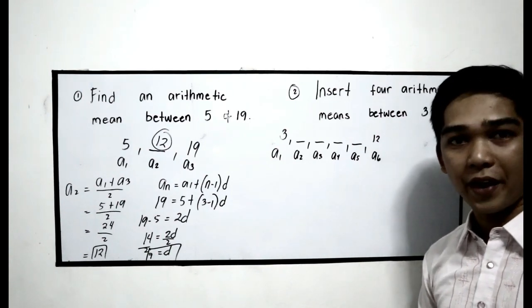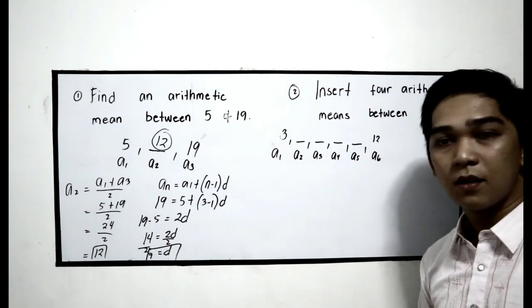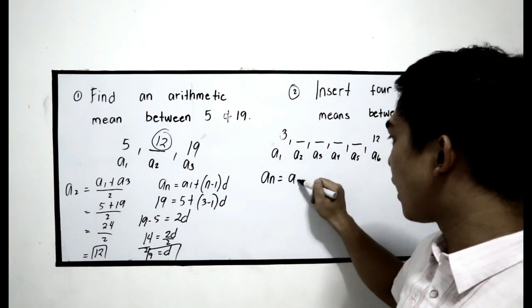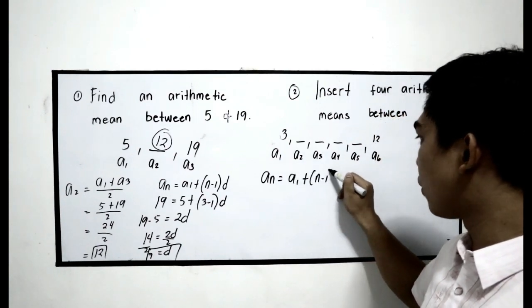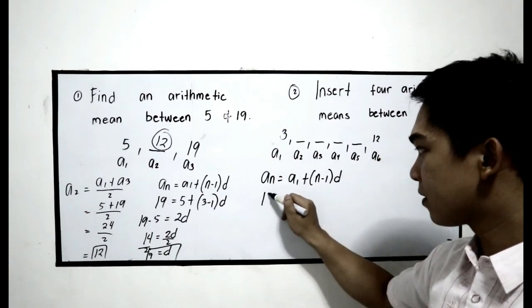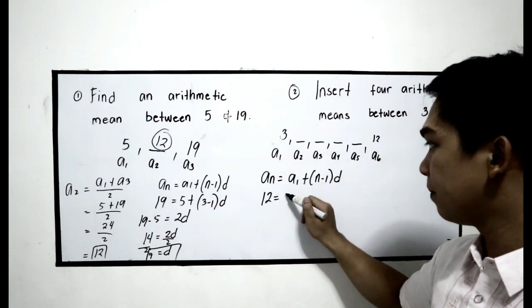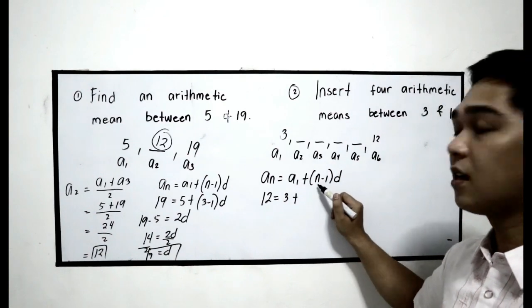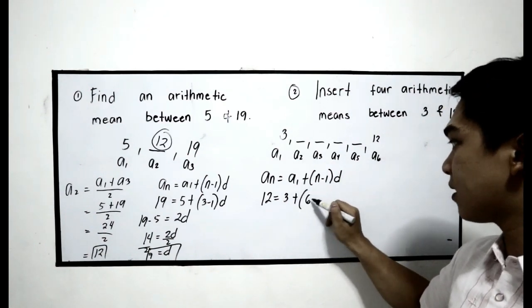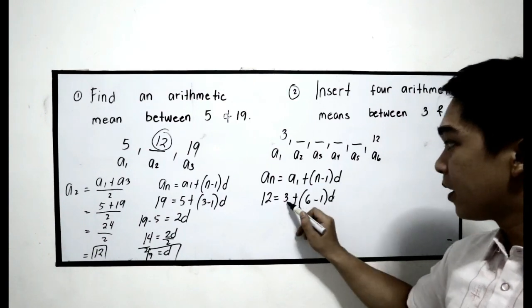Find the common difference. an is equal to a1 plus n minus 1 d. an is 12. Substitute. a1 is 3, plus n is 6, the given is 6, minus 1 d.